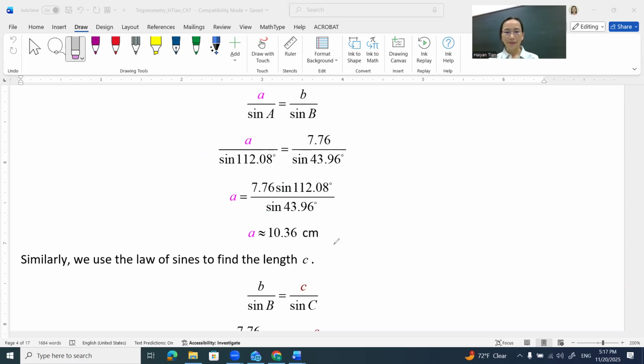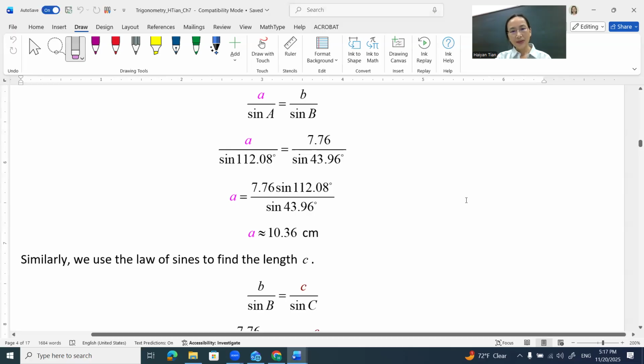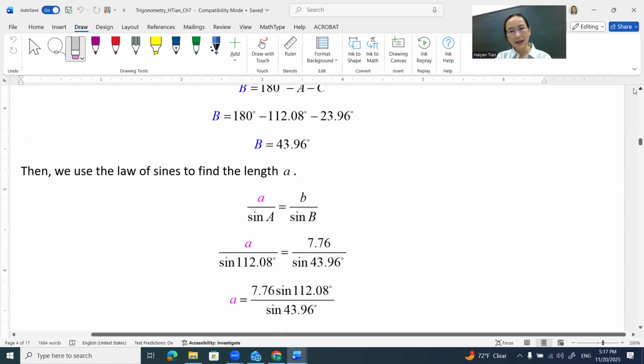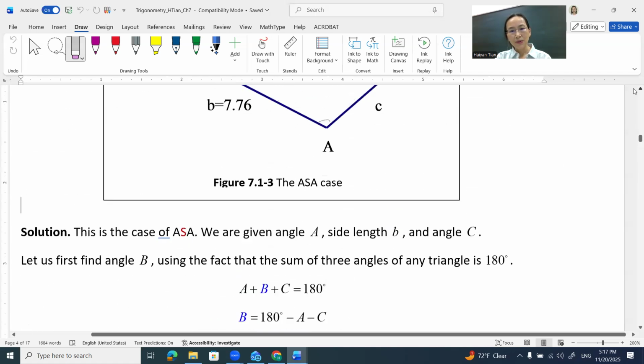centimeters. In the problem, we are told the length of each side is in centimeters. So that is the unit for the triangle. Okay, we're not done, because once we have found a, we still have a side to determine.